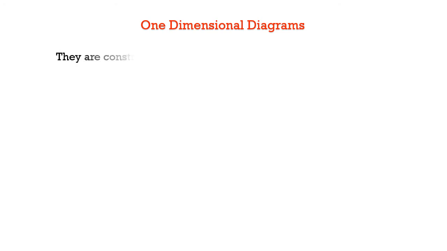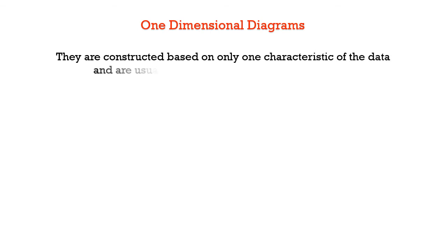One-dimensional diagrams are constructed based on only one characteristic of the data and are usually depicted through the height of the bar. So when we are drawing the bars, only their height matters, nothing else matters; only their height shows us the value of the data.